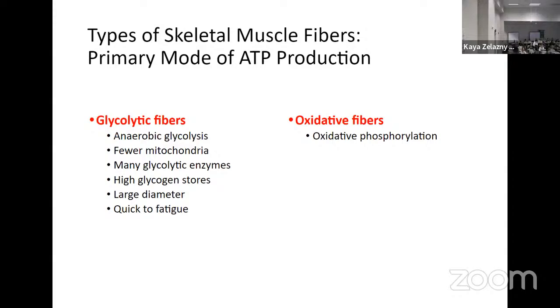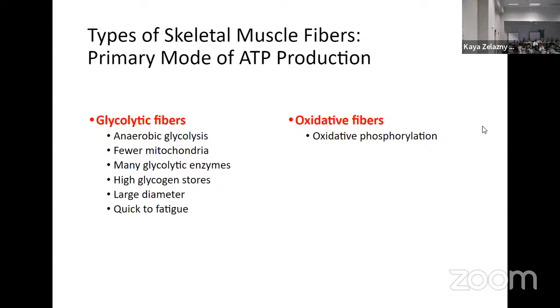Oxygen is our final electron acceptor at the end of the electron transport chain. This allows us to release a proton gradient that we've created between the matrix of the mitochondria and the intermembrane space between the inner and outer membranes. And releasing that gradient powers lots and lots of ATP production.